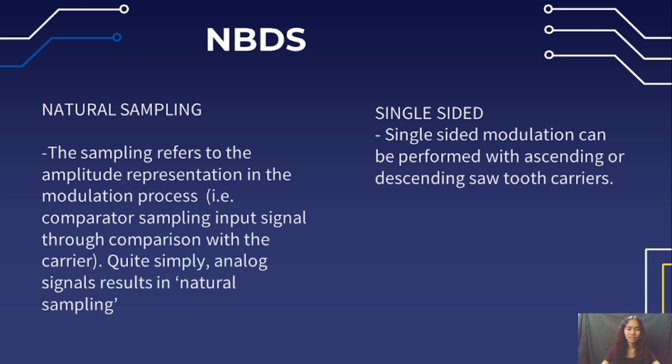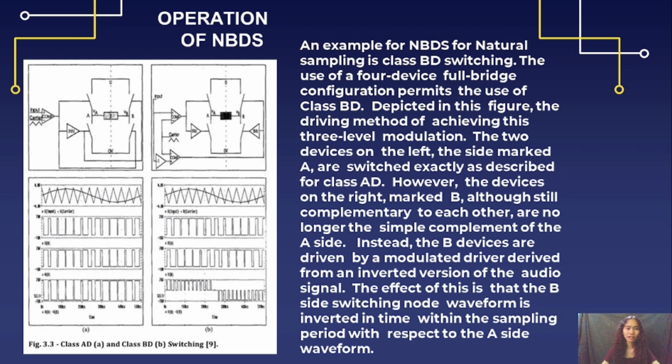In simple words, analog signals result in natural sampling. Next is single-sided. Single-sided modulation can be performed with ascending or descending sawtooth carriers. Now let's discuss the operation of NBDS.